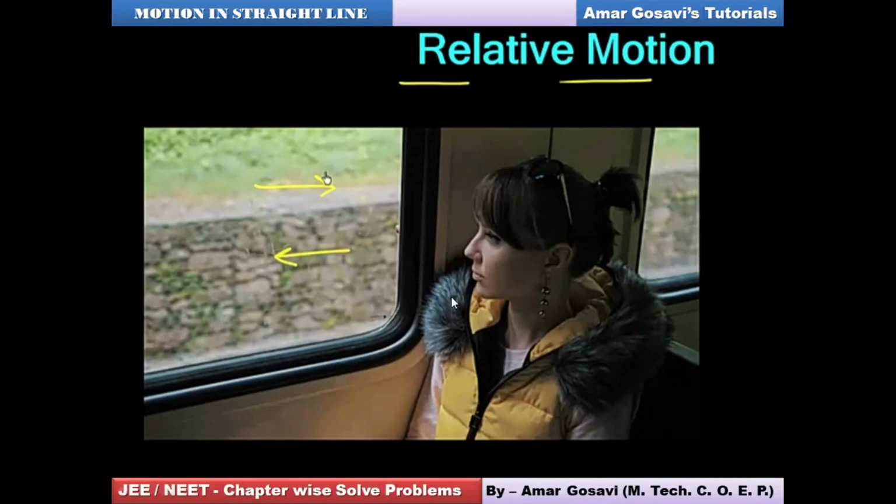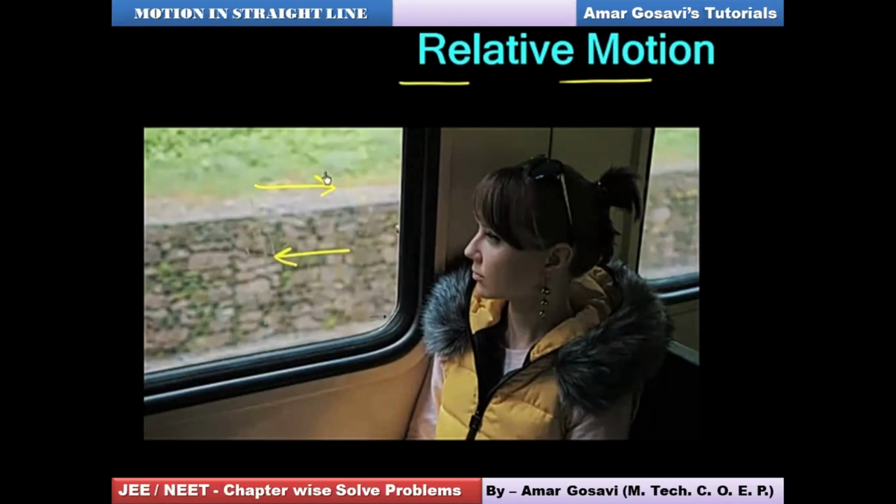Because the observer is in the train, the observer will feel that the wall is moving backward. But if the same observer stands on the ground, outside the train, and watches this wall, then with respect to that case, the wall is at standstill, it is not moving.